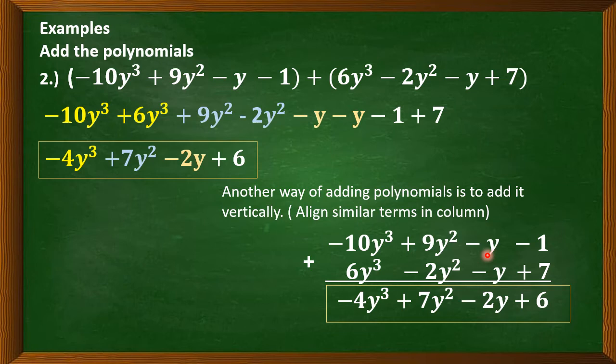Next, negative y plus negative y, we have negative 2y. And finally, negative 1 plus 7 is positive 6. You have to apply also the rule in adding integers or signed numbers. So if in case you forgot how to add integers, you may go over my previous video on how to add integers.